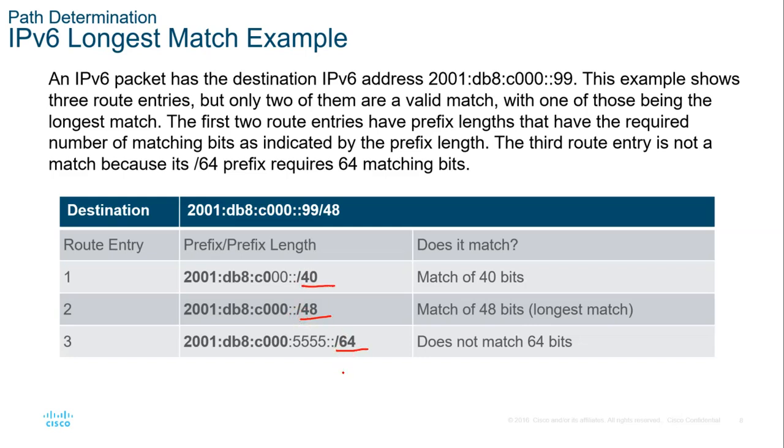We cannot say that it's a 64, because when you look at the addresses, they are not the same. The entries that are the same are these that match. We have this and this, so we have to do the comparison between the two. Since the bits here are less than this, we are going to go with this, the one with the longest match.